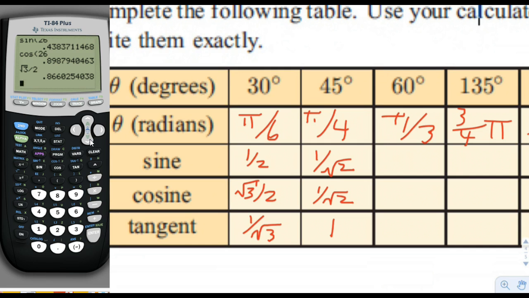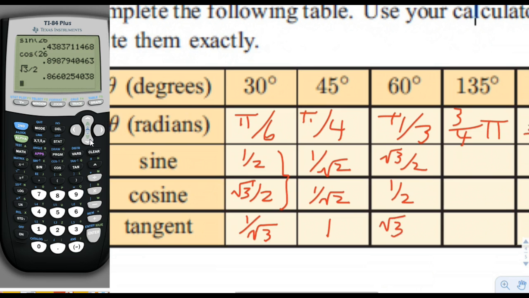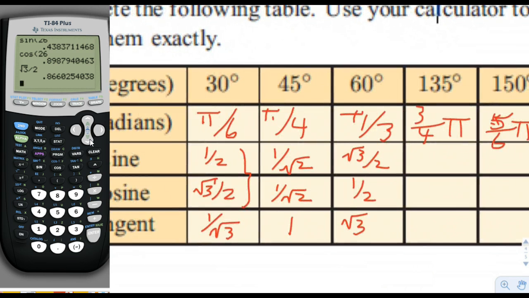60 degrees. 60 degrees is kind of the opposite of this. So the square root of 3 over 2 is the sine. Cosine is 1 over 2. And the tangent is square root of 3 over 1. 3/4 pi. So 3/4 pi is, so like 45 degrees would be that angle, right? 135 degrees would be that angle, yeah.